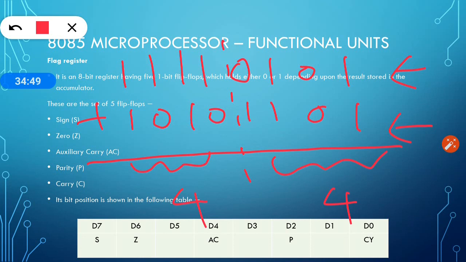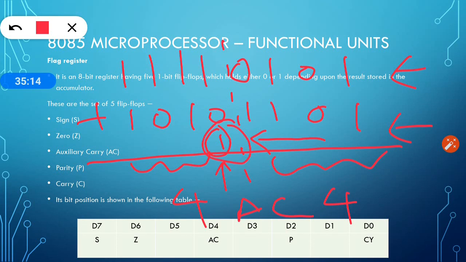Suppose while adding, if a carry is generated from this side, right? That means if a carry is generated from your lower 4 bits to the upper 4 bits, then this carry is called your auxiliary carry.